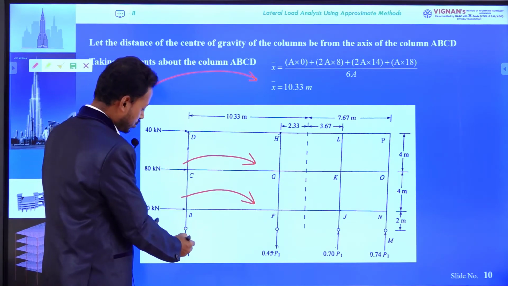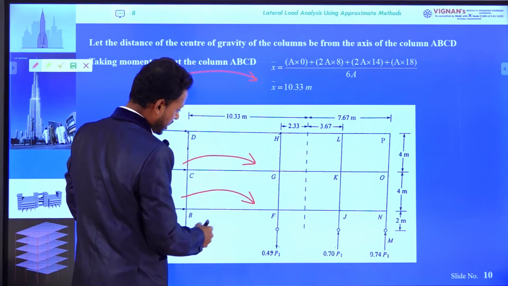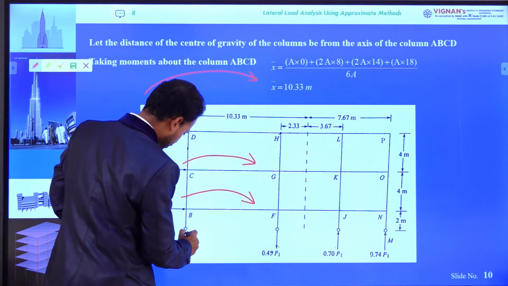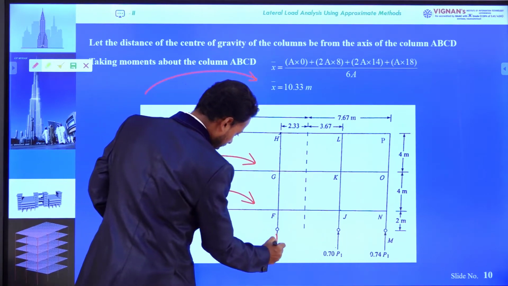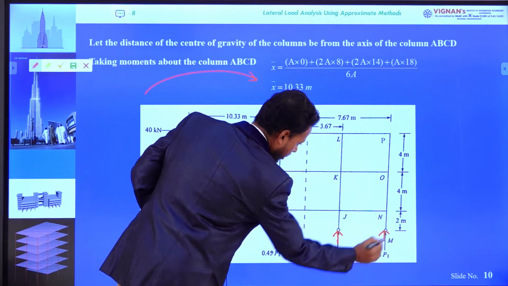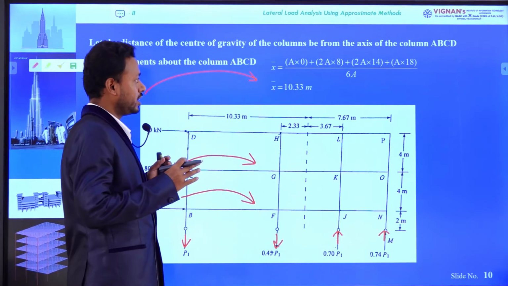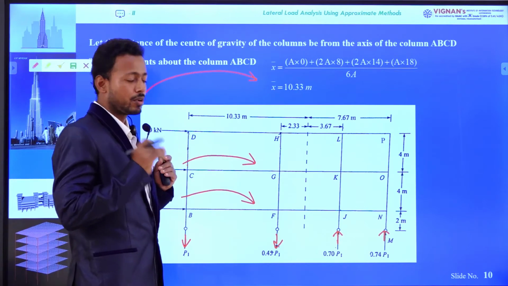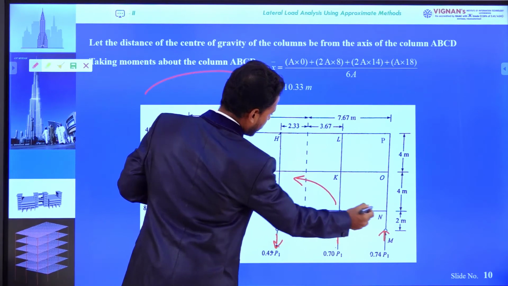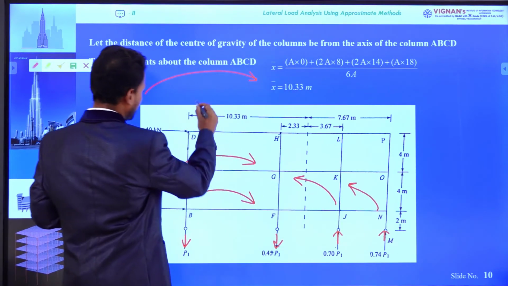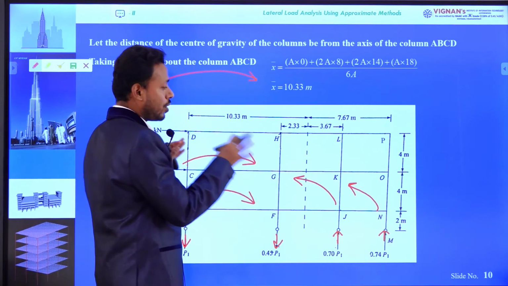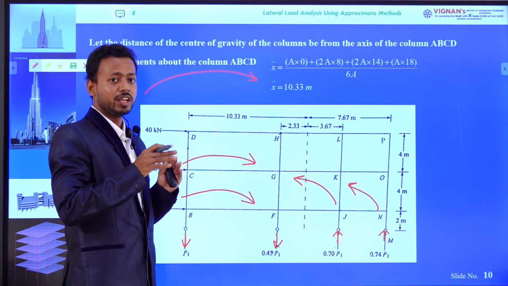So I have considered the first two forces tensile and the second two forces compressive. If this force acts downward and this force acts upward, then only the building will be in equilibrium. These forces try to rotate the building anticlockwise and the lateral forces try to rotate it clockwise, so they counteract and the building is in equilibrium.